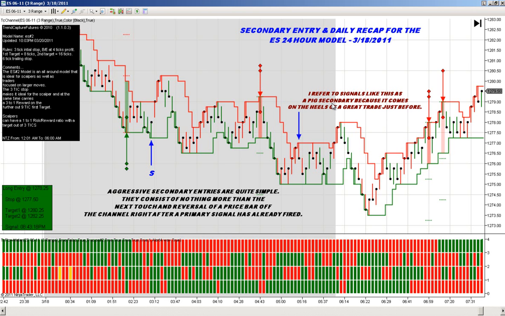I refer to signals like this one as a pig secondary because it comes on the heels of a great short trade. So it's almost like you're being a bit of a pig going after this secondary signal when you just had this nice move lower. But that's just a nickname that I've given it.